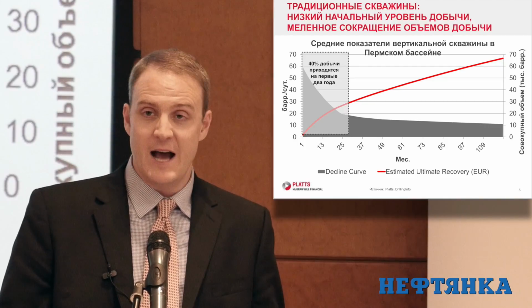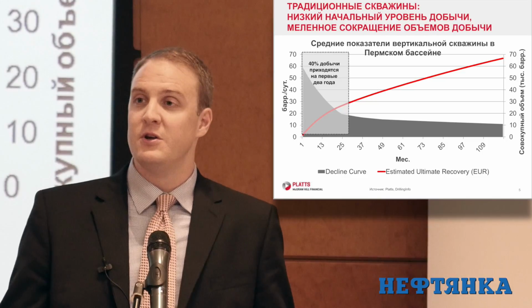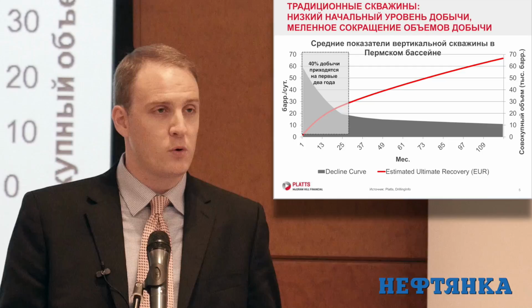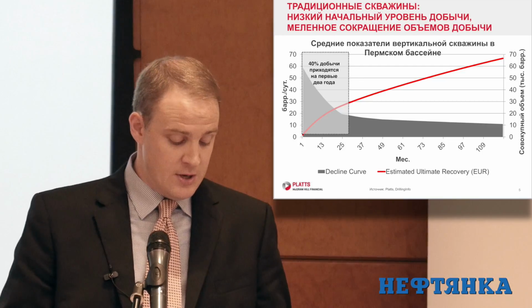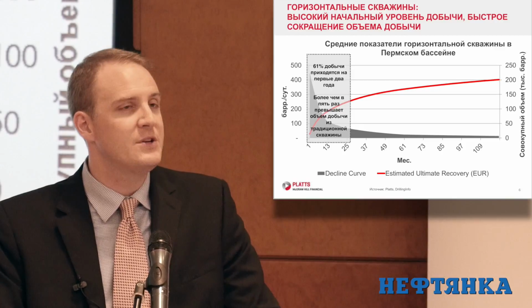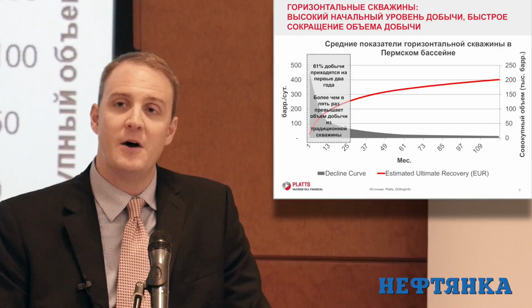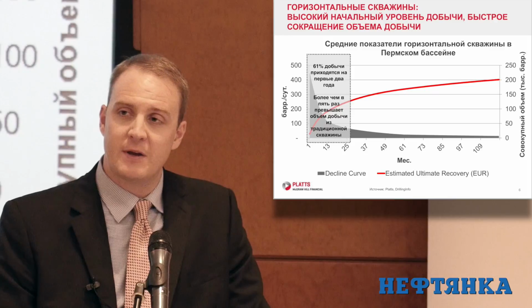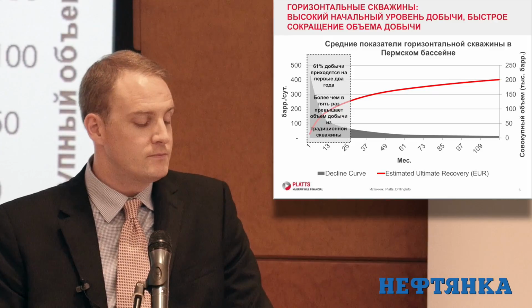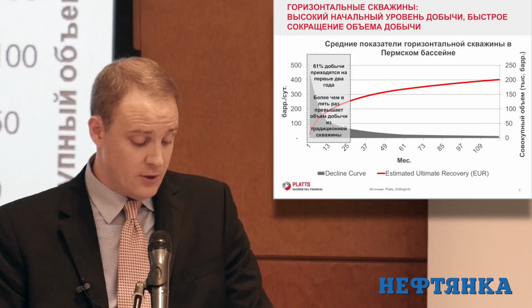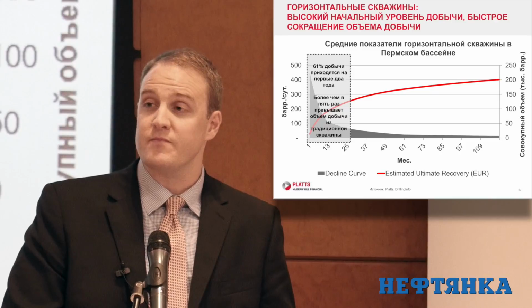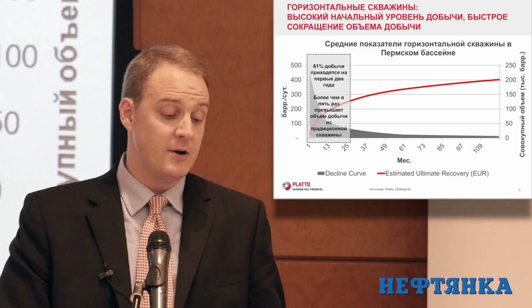Now keep that in mind as we compare this to the next slide, which is going to be the same thing but for a shale horizontal well in the same location. So again, an example for the same basin, same region, but instead of the traditional conventional vertical well, if we're looking at a shale well and a horizontal well, we see a very, very high initial production rate followed by a very steep decline curve.